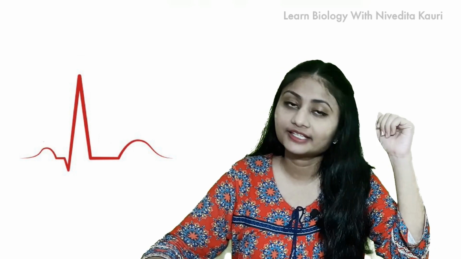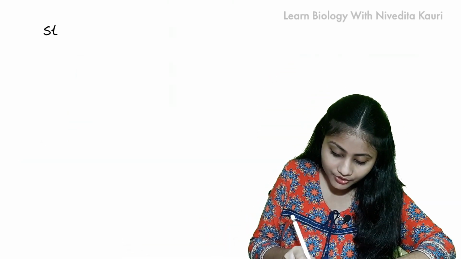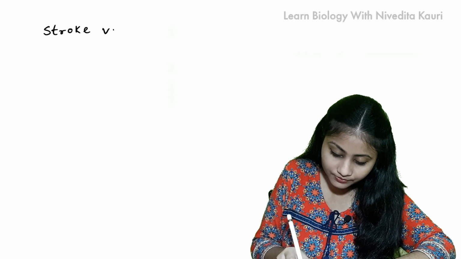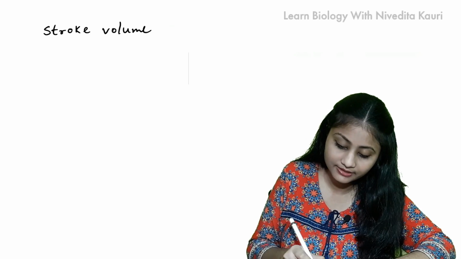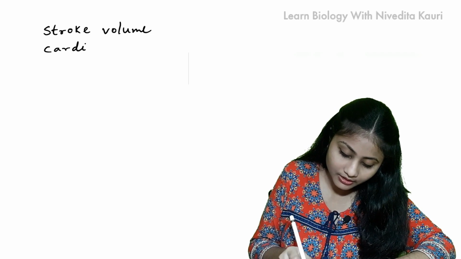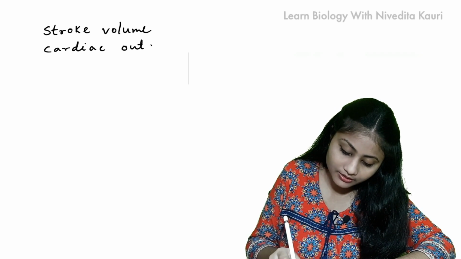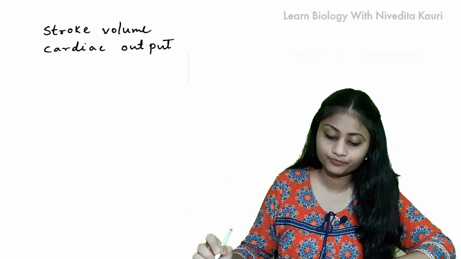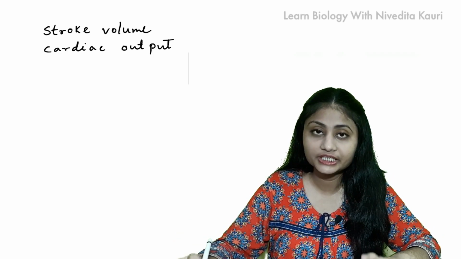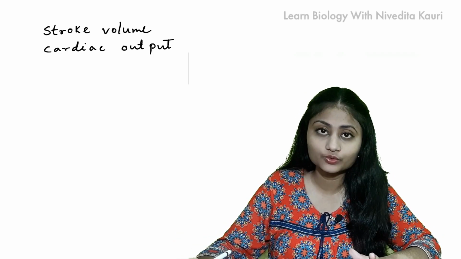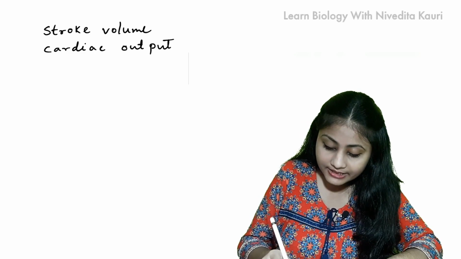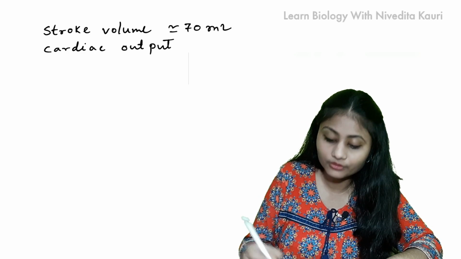Two terminologies you should know after knowing the cardiac cycle. These are the stroke volume and cardiac output. During contraction, each ventricle pumps out approximately 70 ml of blood.